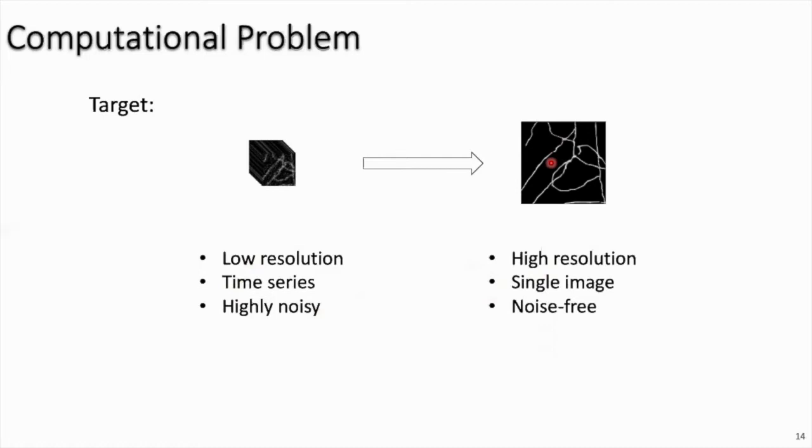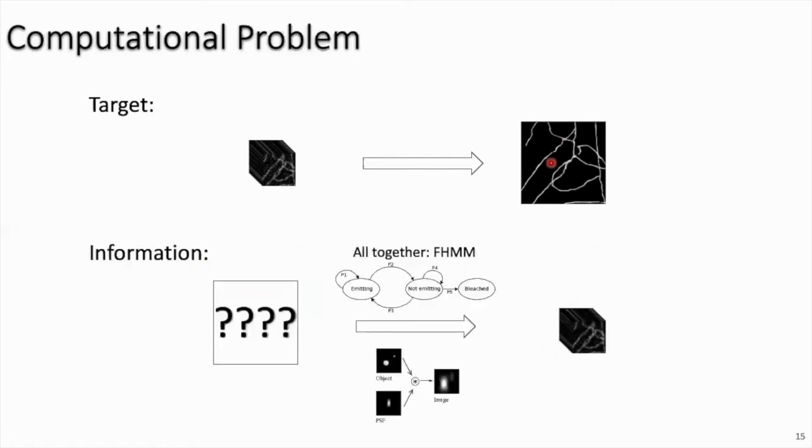So to resolve this problem, let's first consider what kind of information we have. First of all, we have those low resolution images. But more importantly, because this problem has been investigated for a very long time, the physical process behind it is very clear. That is, we can use a factorial hidden Markov model to model all the fluorescence proteins at the same time. Each protein can have three states: emitting light, not emitting light, or bleached.